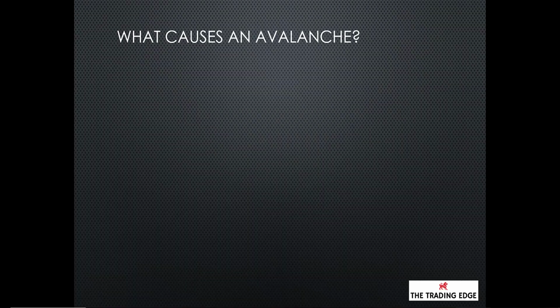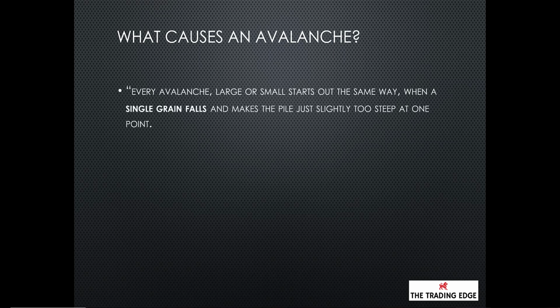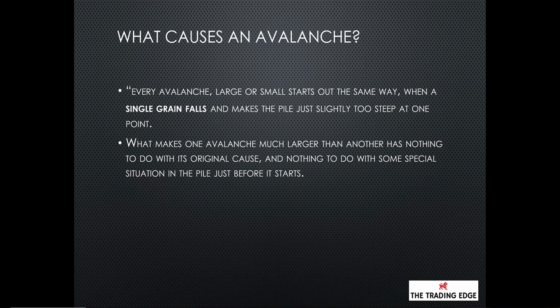So, as I just briefly described, here's the big idea. Every avalanche, large or small, starts out the same way. When a single grain falls and makes the pile just slightly too steep at one point, that's when it can tip over. But what makes one avalanche bigger than another really has nothing to do with its original cause, and has nothing to do with some sort of special situation in the pile before it starts.